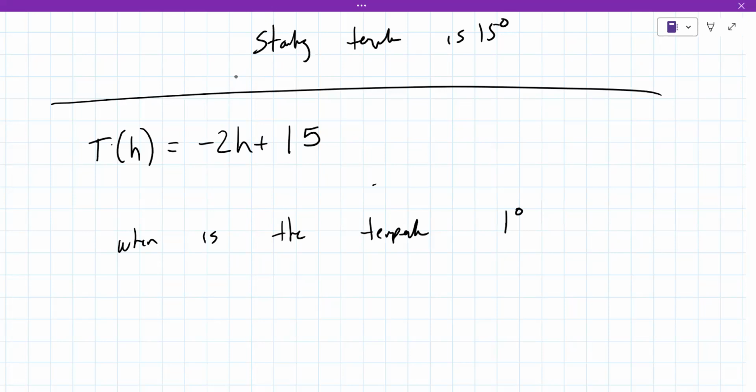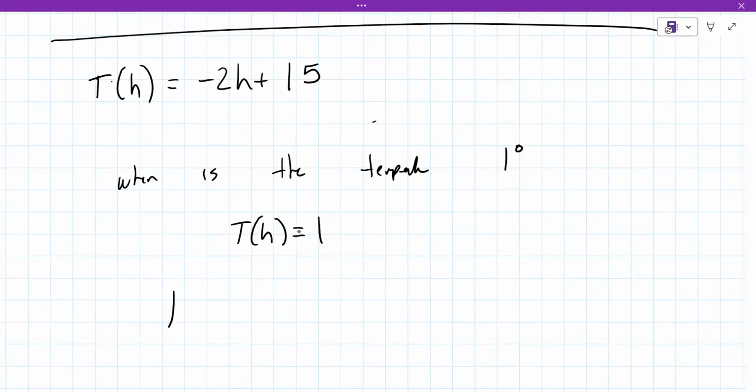So here's what I'm asking. When is T of H equal to 1? I don't know why I can't process this. Okay, this means to set the equation equal to 1 and solve for H.